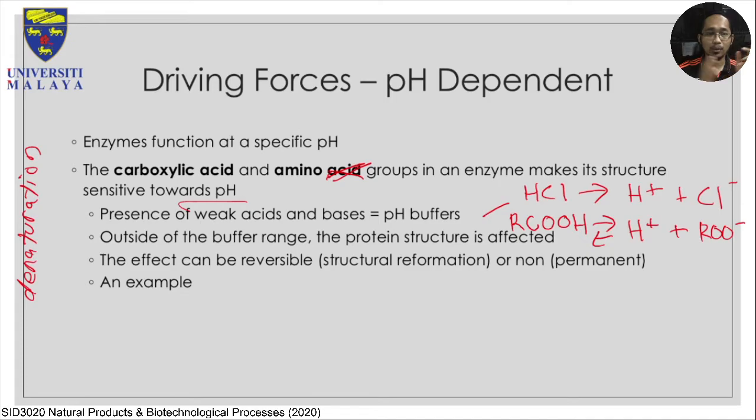Permanent denaturation can also happen, whereby you might have a lot of cysteine disulfide bonds. In extreme cases, the disulfide bonds might break, and then when reforming, they might not match up. Imagine a big protein with 6 disulfide bonds, meaning 12 cysteines.